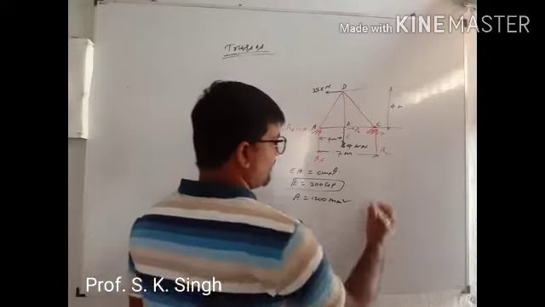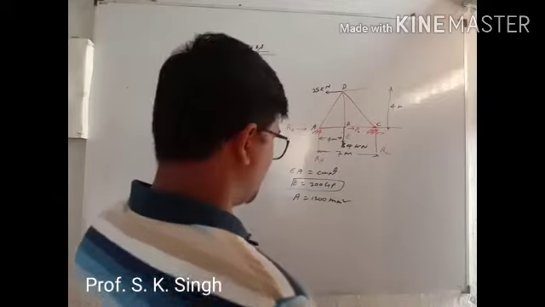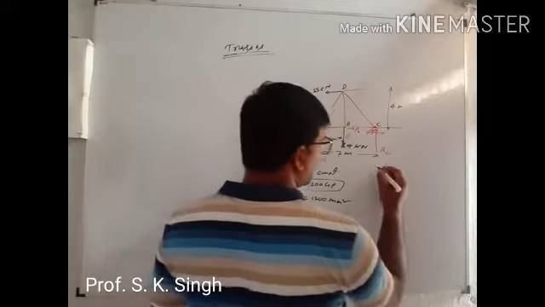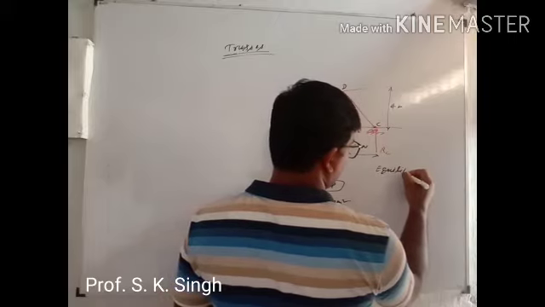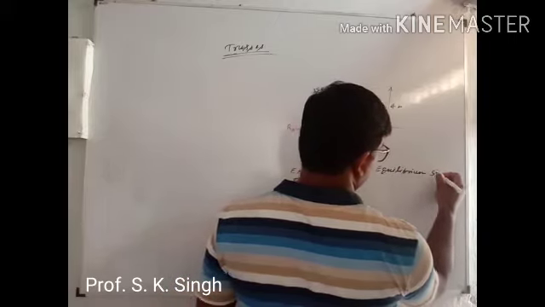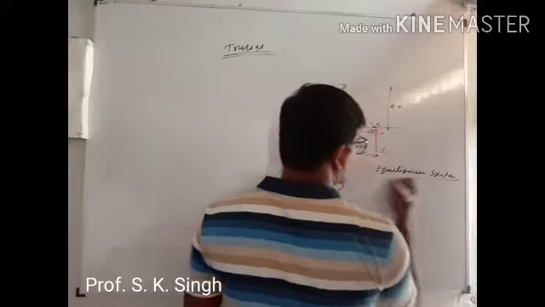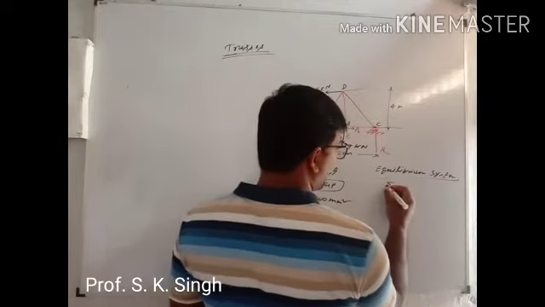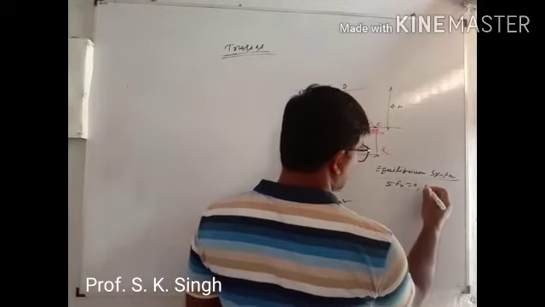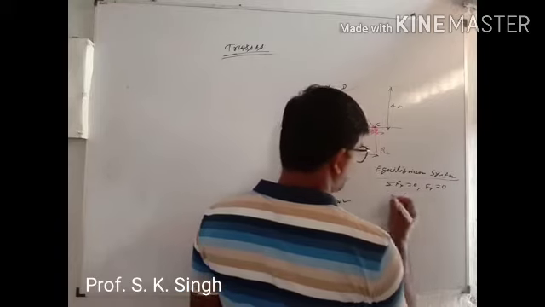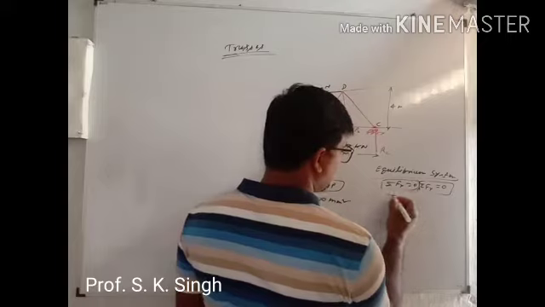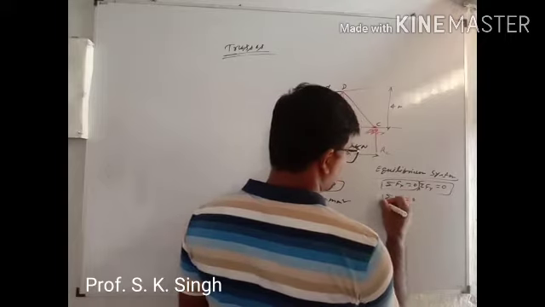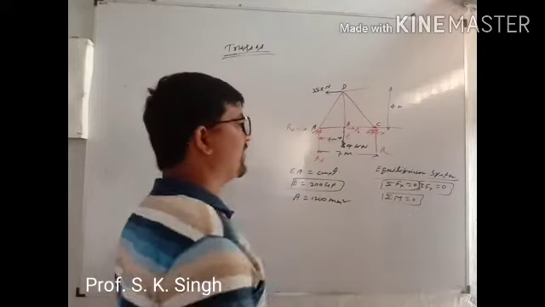If you want to define the support reaction forces, go for the equilibrium system, which I already gave: summation of Fx equal to 0, summation of Fy equal to 0, and summation of M equal to 0. These three I gave already.